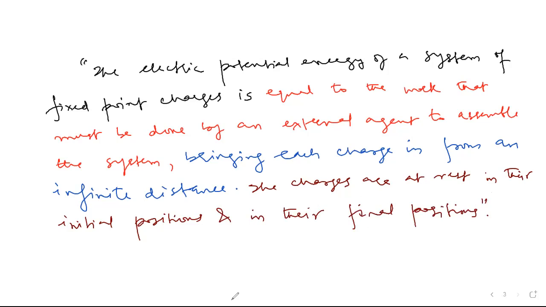The electric potential energy of a system of fixed point charges is equal to the work that must be done by an external agent to assemble the system, bringing each charge in from an infinite distance. The charges are at rest in their initial positions and in their final positions. This is the interpretation of electric potential energy of a system. I hope you know it. I'm just refreshing your memory.